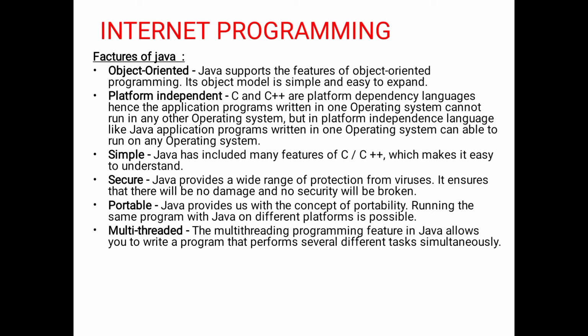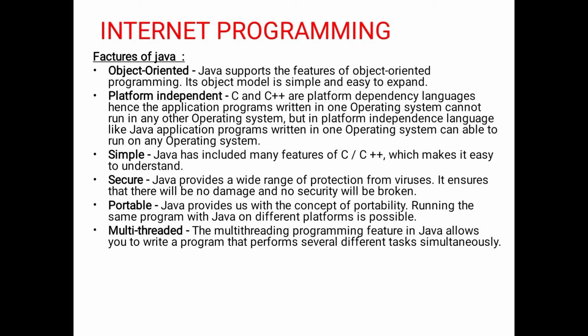Now, application programs written in one operating system cannot run on any other operating system, right? So that is called platform dependency. But whereas with Java, we can write the program in one operating system and run it in any operating system. That is called platform independence. Okay, so here Java is platform independent.